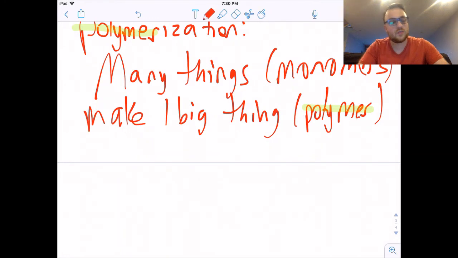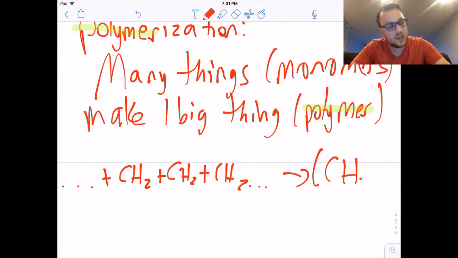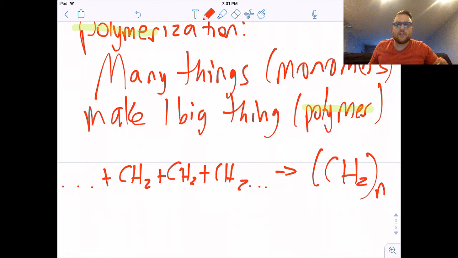I've seen it two ways. You see like this dot, dot, dot, implying that there's a bunch of them coming together. Dot, dot, dot, making one huge CH2 molecule, maybe with an n down here. A lot of the ones with polymerization, you'll see these n's.